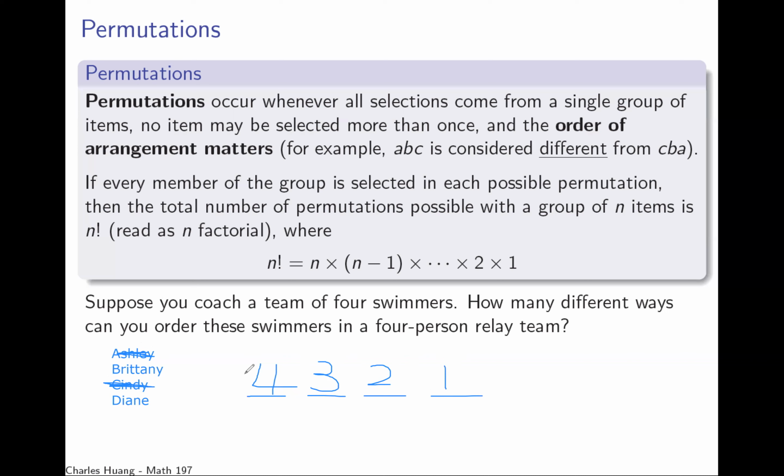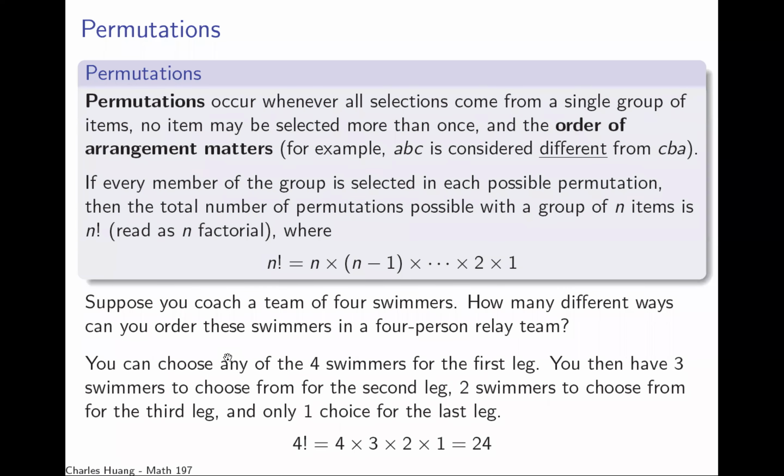This is called permutation, and this is what we do if the order does matter. We multiply these numbers together, and in total, we get 24. So in this particular case, we have 24 different outcomes, or 24 different choices.